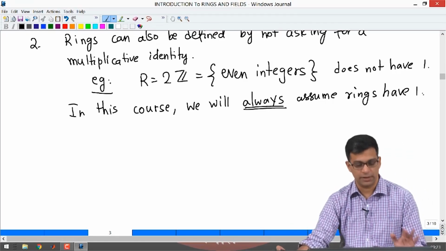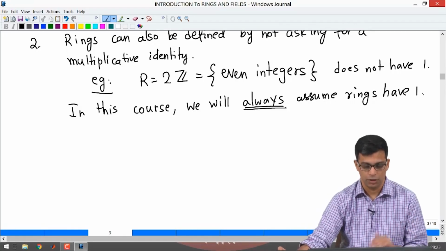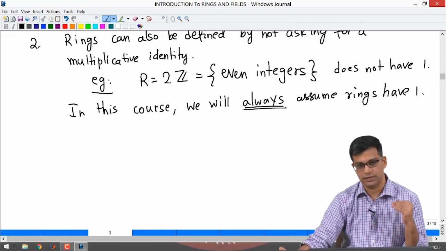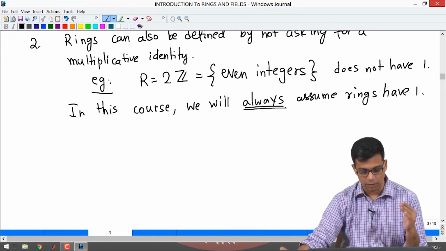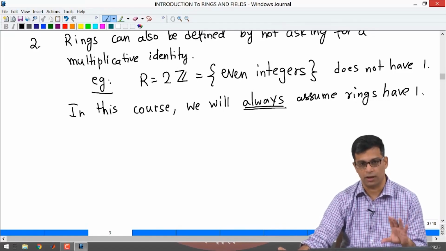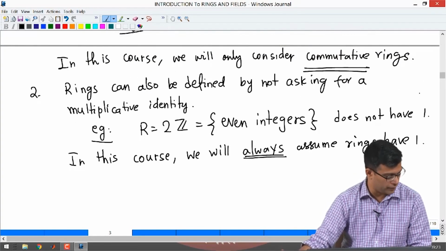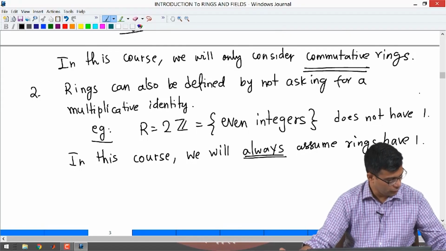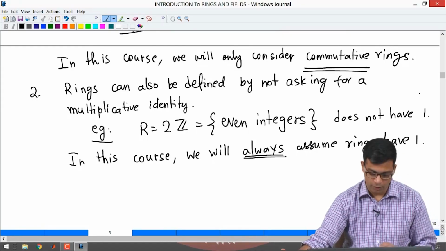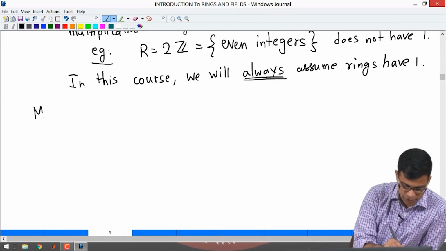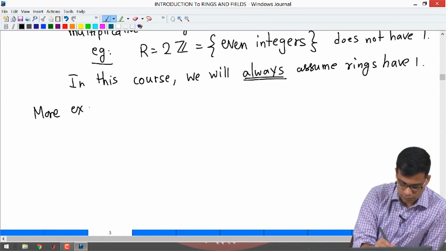So basically what I am saying is that in my earlier video, whatever the definition of ring is, that is the ring that we will consider. This remark is to indicate to you that there are other kinds of rings that people study, but in this course we will stick to the definition that I gave. Okay. So before continuing with properties of rings, let me just give you more examples of rings.